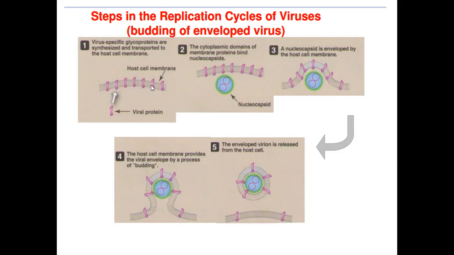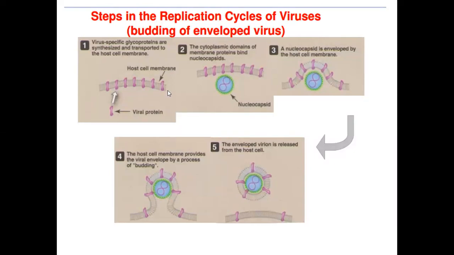They prepare the cell membrane to become the viral envelope, and then in the process of budding, the virus just takes part of the host cell membrane and creates its envelope.